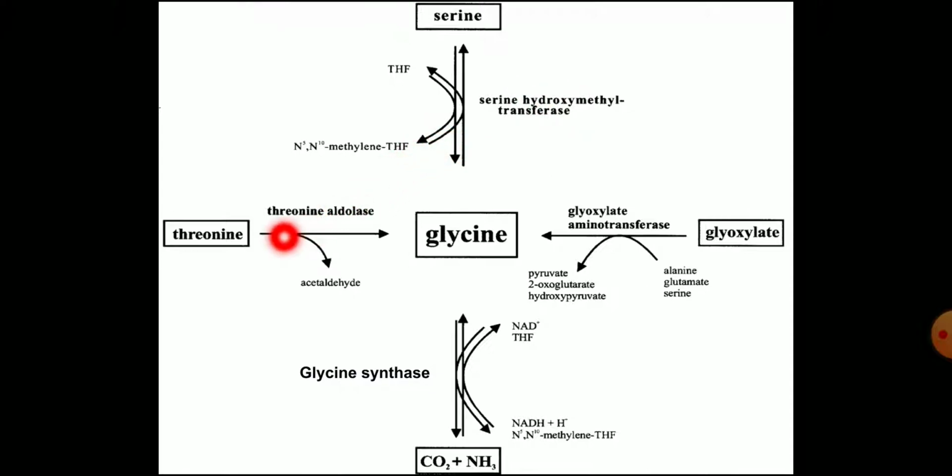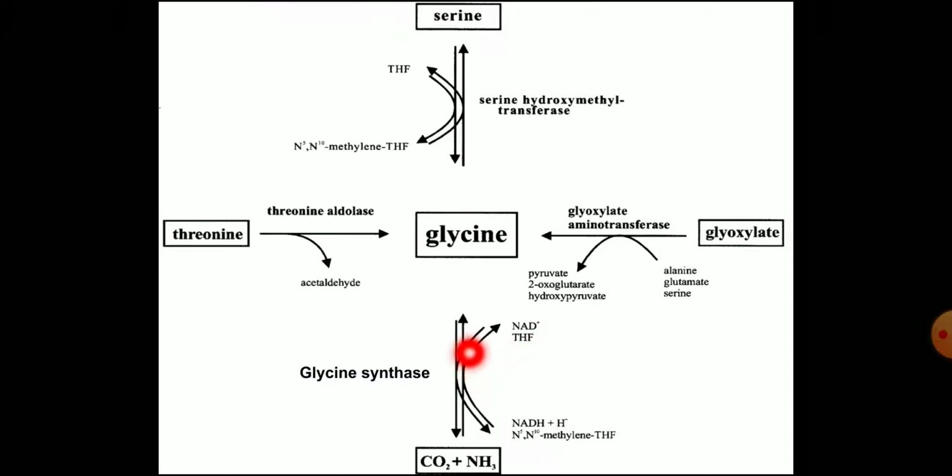Next is from the threonine amino acid, by the action of threonine aldolase enzyme, where acetaldehyde is removed and glycine is formed. So this is the second method by which you can get glycine, that is from the threonine amino acid. And the third one is from carbon dioxide and ammonia.